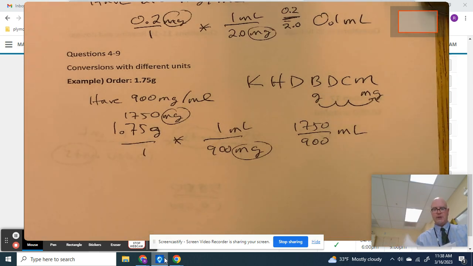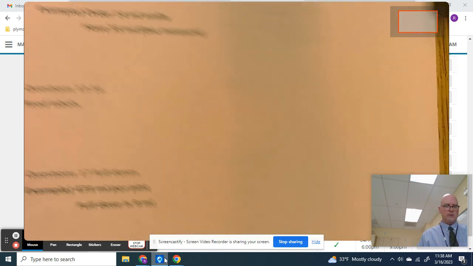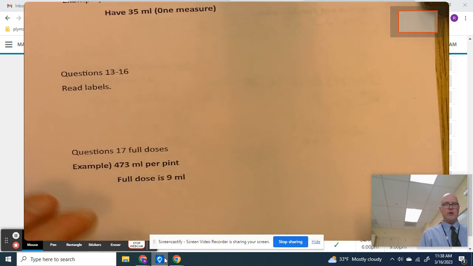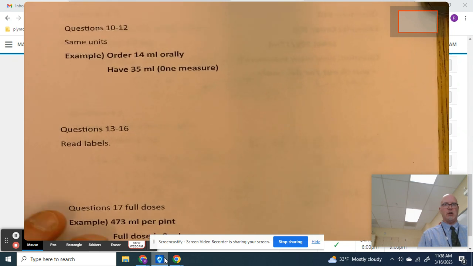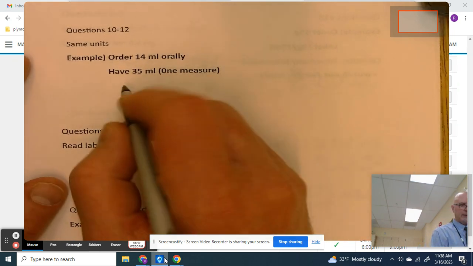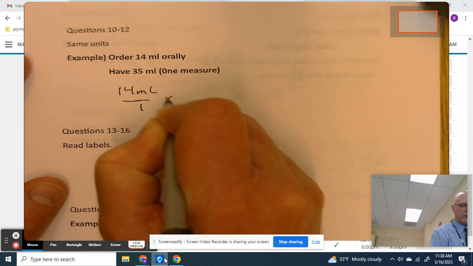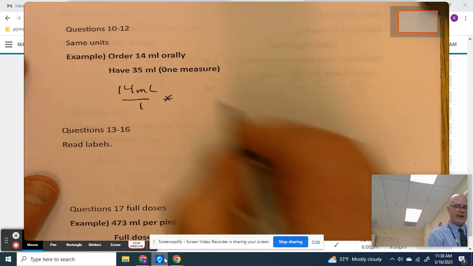The next page that we had was talking a little bit about something to do with units, or the word measure. Okay, here is questions 10 through 12. It says the doctor's order is 14 ml over 1, which is very consistent with what we had.